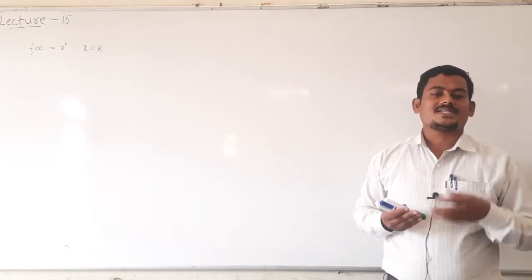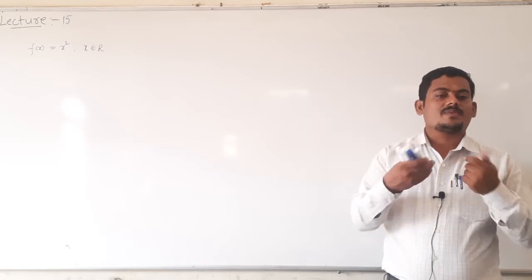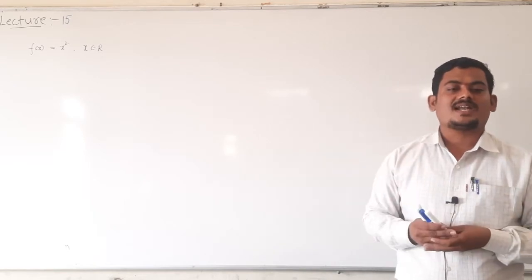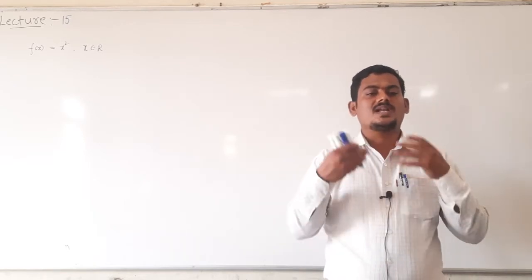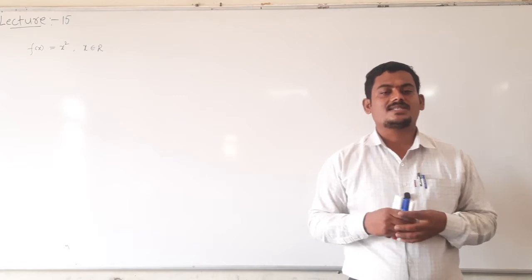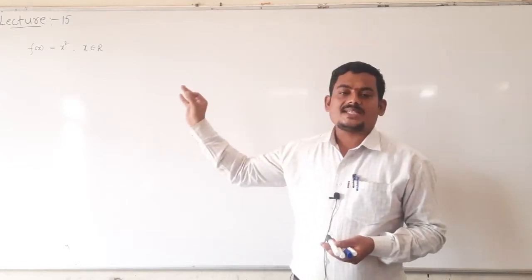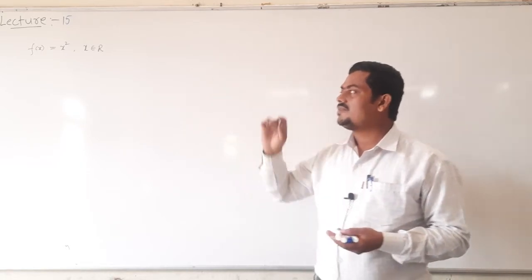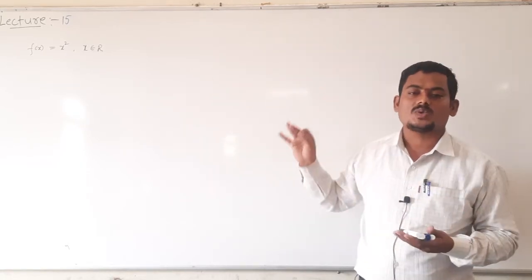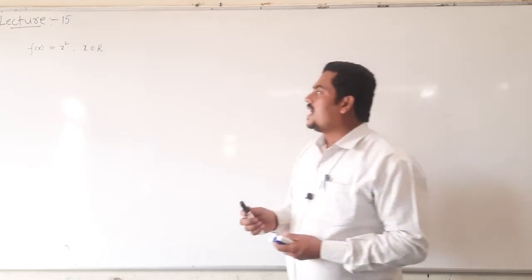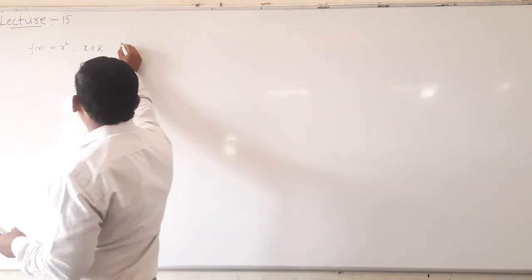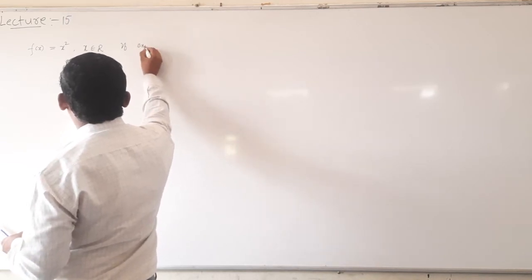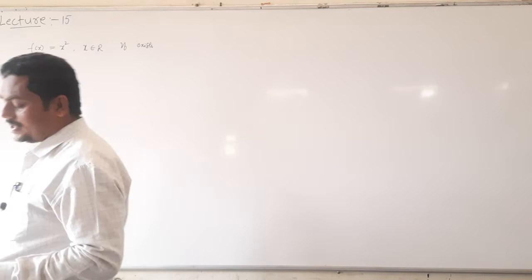Because for some functions both maximum and minimum values exist. For some functions only maximum exists, minimum does not exist. For some functions only minimum exists, maximum does not exist. So find the maximum and minimum values for f of x equal to x square for all x belongs to R, if they exist.